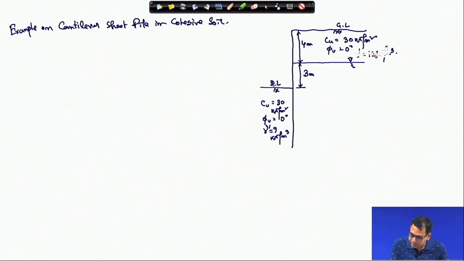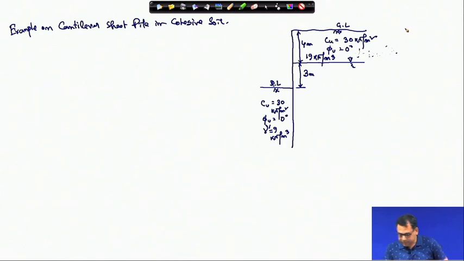So, I am writing this value here, because I have to draw the diagram on this side. So, this is 19 kilonewton per meter cube. Now first I will draw the diagram for different cases.